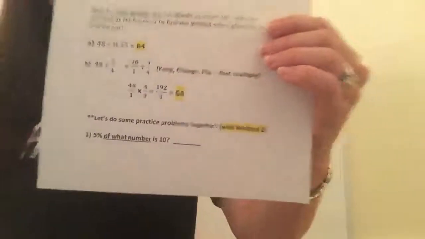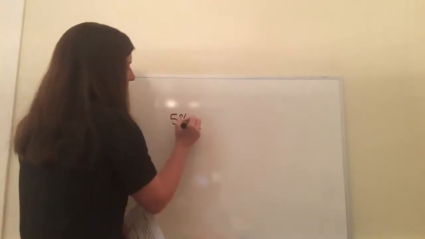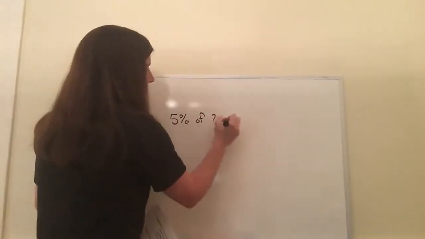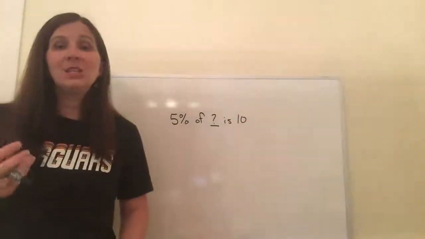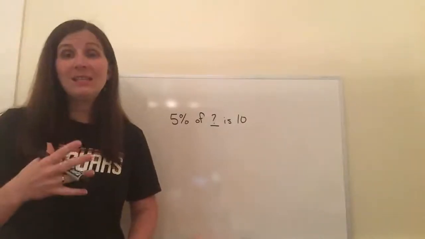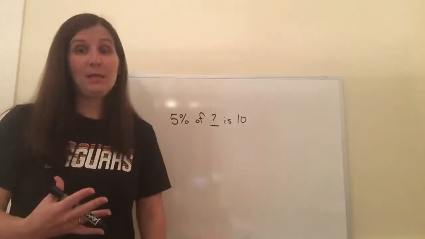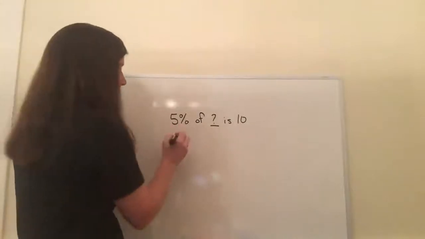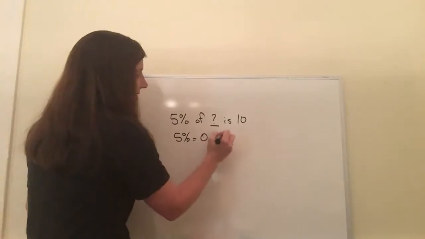Okay, so we're going to do a few practice problems together using this method. For number 1, 5% of what number is 10? On this one, like I said last time, you have to be very careful when you have a percentage that is less than 10, when it's only a single digit, because your first instinct is going to say 0.5, but 0.5 is 50%. 5% is the same as 0.05.